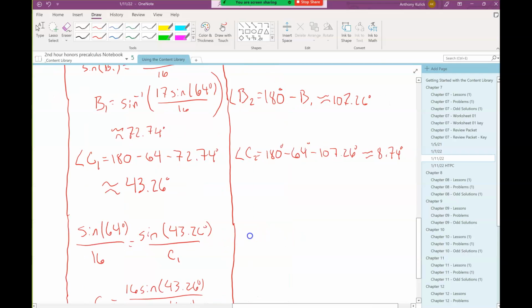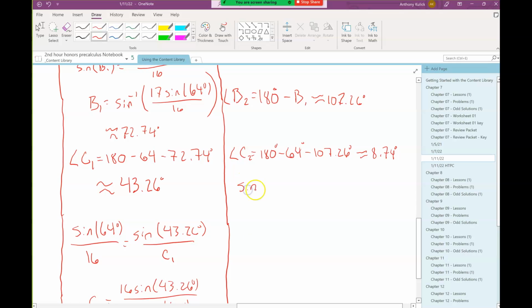And then to find side C2, I can do the same thing I did to find side C1, except instead of using angle C1, I'm using angle C2. I'll cross multiply and then divide by 16.